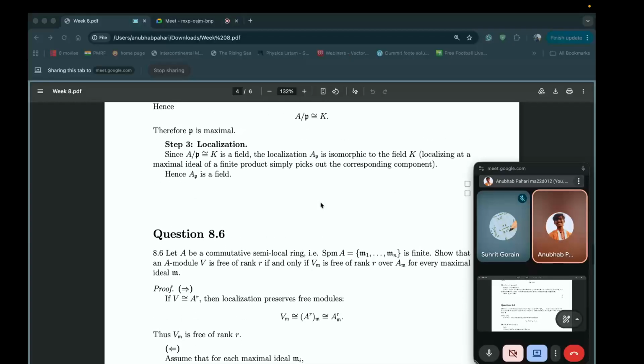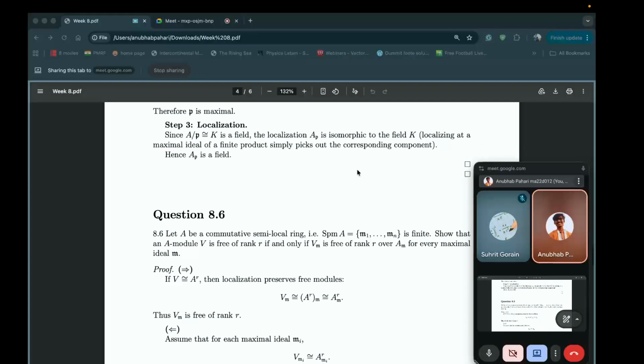Now since A mod p is a field, the localization Ap is isomorphic to the field, because if you localize at a maximal ideal of a finite product, then you can just simply pick it out and mod at each level, and therefore you will really get the only non-trivial tuple, that is k itself.